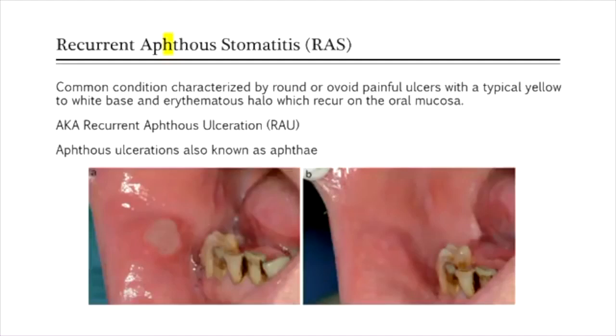So for a while it was like, oh, it's so bad that it's called RAS because the mouth isn't actually inflamed, we should call it ulceration. And then there's been a return of people who are like, look, we just can't be bothered changing it. So I still call it RAS, but you may see RAU, and most of the historic literature and actually more modern literature will still use RAS, okay? So they are the same thing.